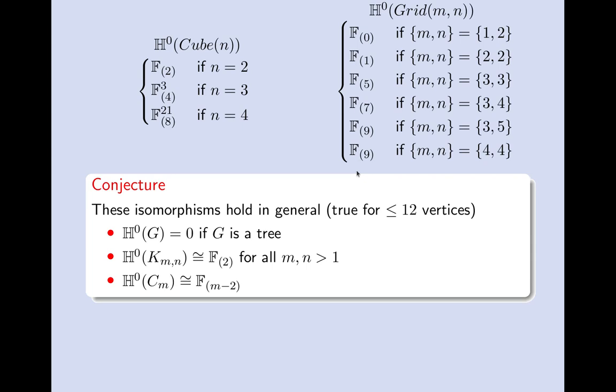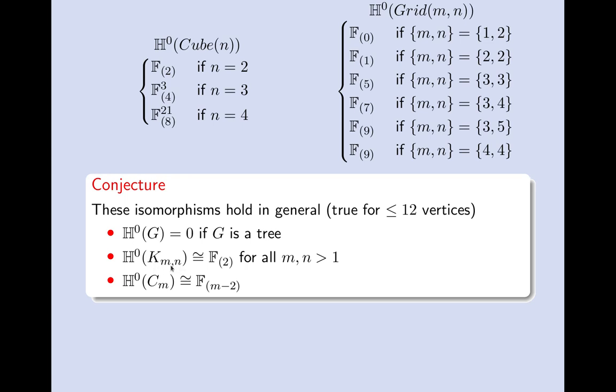However, I conjecture the following, that these isomorphisms here hold in general, and I only verified this with the computer up to 12 vertices, which is still a lot. And it appears that for trees, this knot homology is always 0, which is weird. I find it kind of strange.